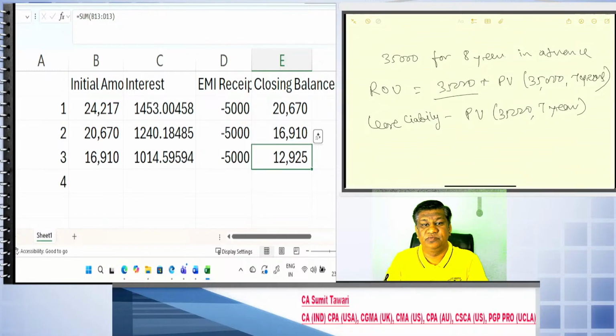Okay, so cash flow, which is 35,000 for 7 years. Discounting factor, okay, which is 1 divided by 1.045.